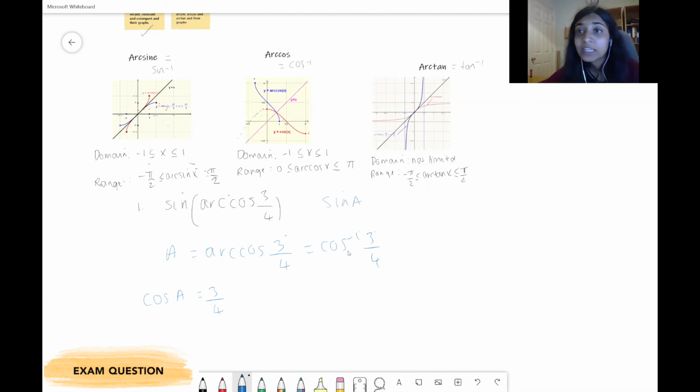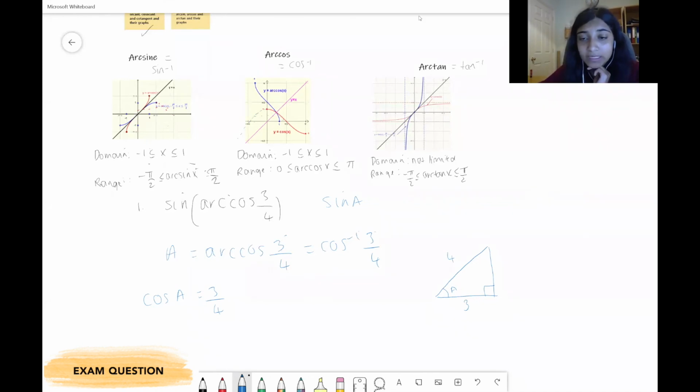We can do that using what we know about right angle triangles. If we draw out a right angle triangle and label this angle A, then using SOHCAHTOA, we know that cos is the adjacent over the hypotenuse. So the adjacent is 3 and the hypotenuse is 4.